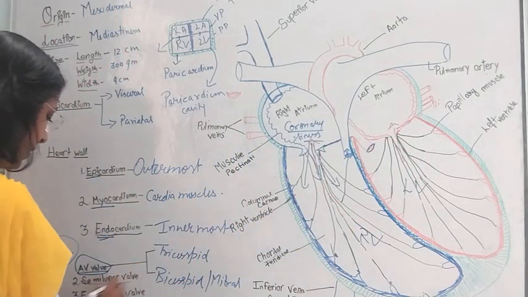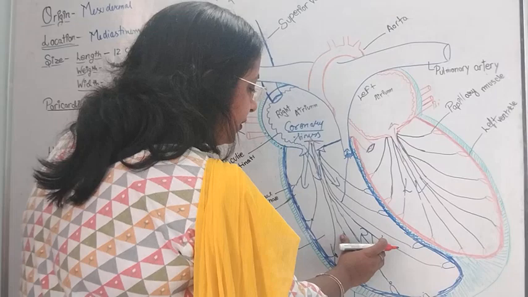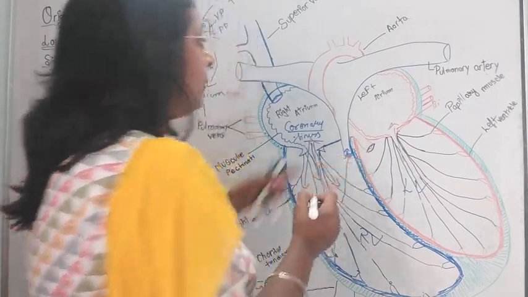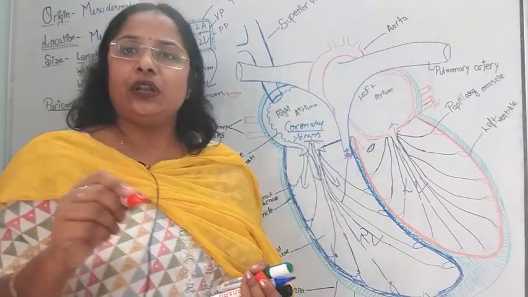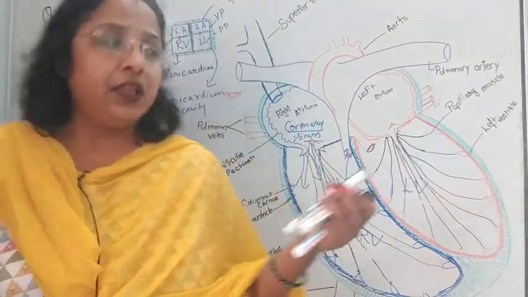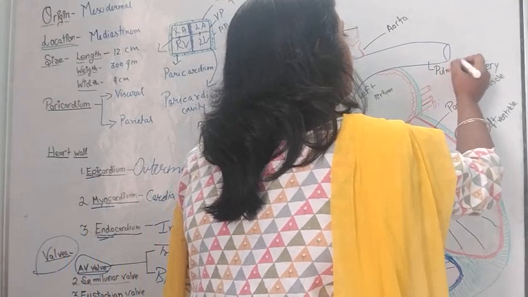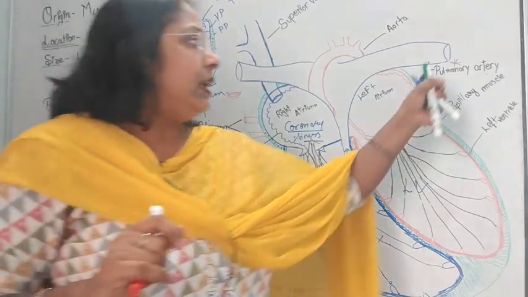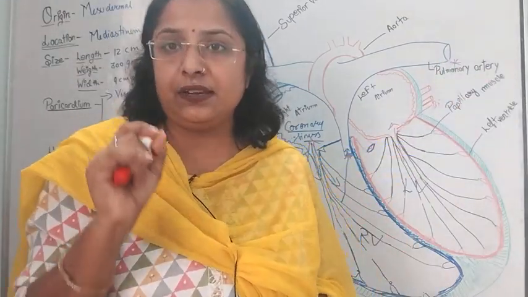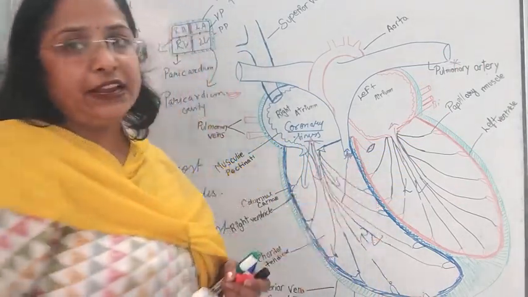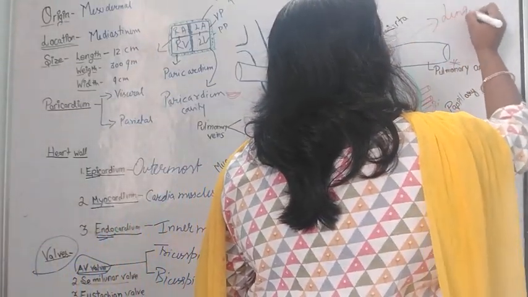Okay, students. Now, whenever the right ventricle contracts, there is an opening of the pulmonary artery. As we already told you, all arteries carry oxygenated blood, but this is an exceptional case and very important: the pulmonary artery carries deoxygenated blood. It carries deoxygenated blood from the right ventricle towards the lungs.